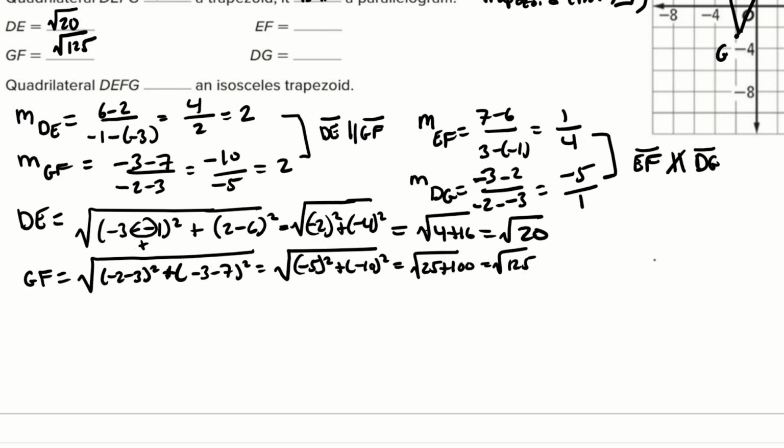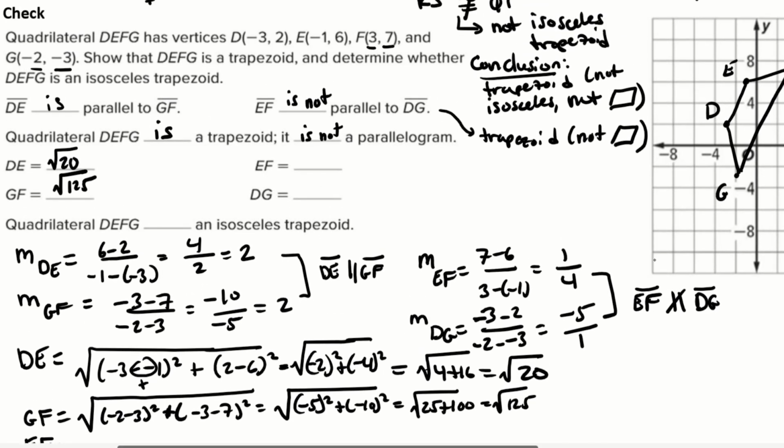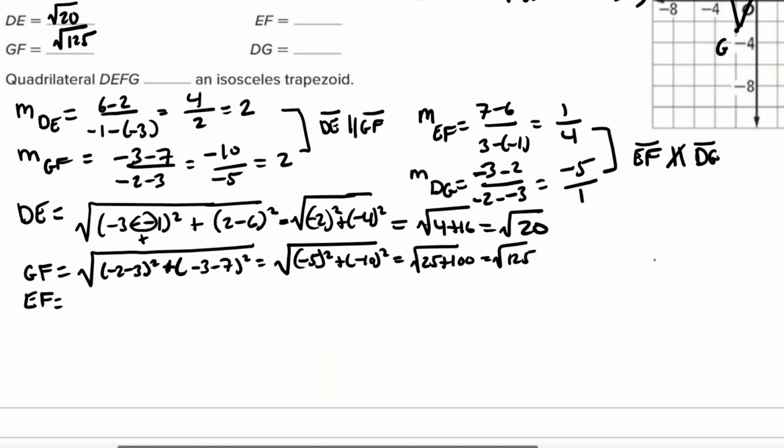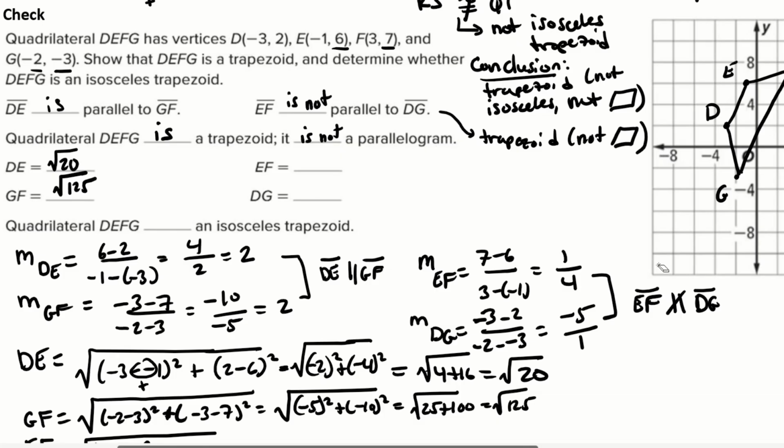All right, so we got EF. Going to subtract the y coordinates, so 7 minus 6. Again, it doesn't matter. Subtract the y coordinates and then subtract the x coordinates. I'm doing this to show you that it doesn't really matter the order.